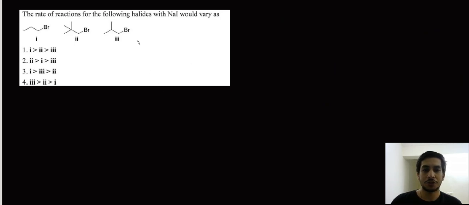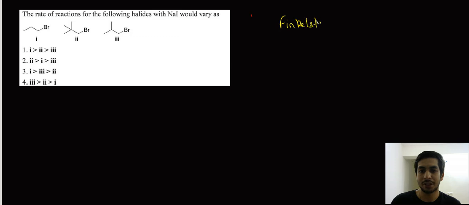Okay, let's look at this question. This is a very basic NCERT based question, and it asks how the rate of the reaction for the following halides with sodium iodide would vary, which will be the fastest, which will be the slowest. So this is basically a Finkelstein reaction.